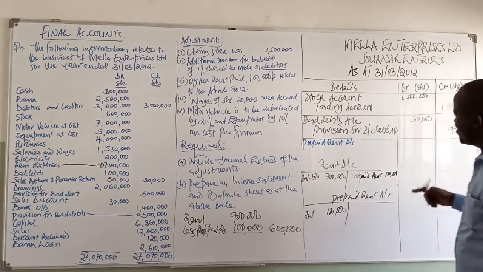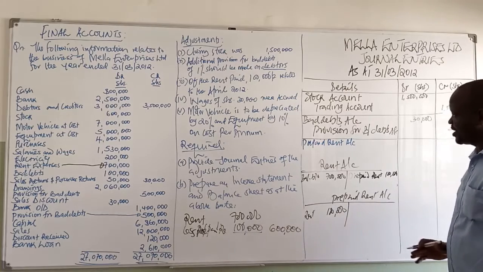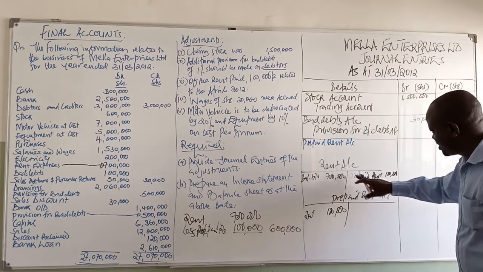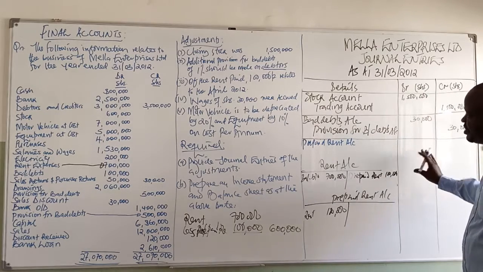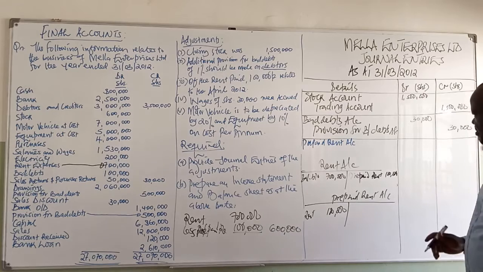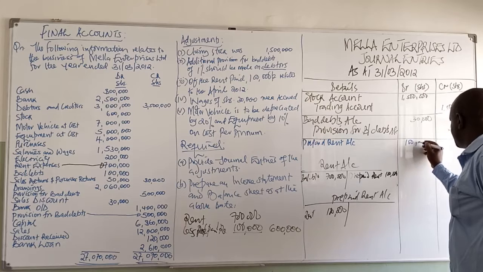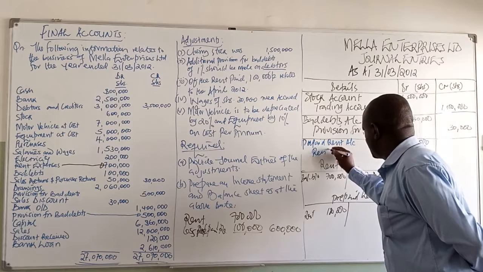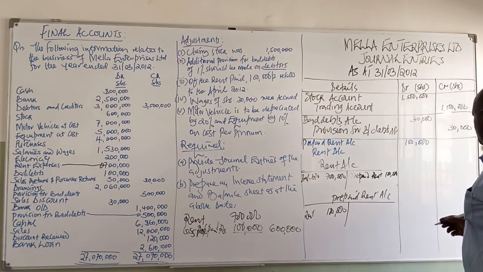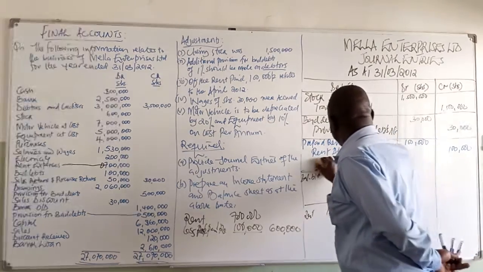Remember here we start with an account which we are going to debit, but not the account we are going to credit. But when we are recording the journal entries, we begin with the account that we are going to debit first. And you can see we are debiting prepaid rent by 100,000, and then comes rent account, which we are crediting by 100,000, like that. And then we close that account too.